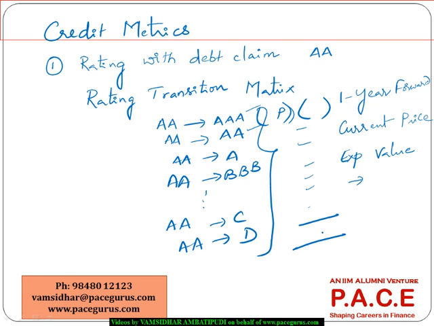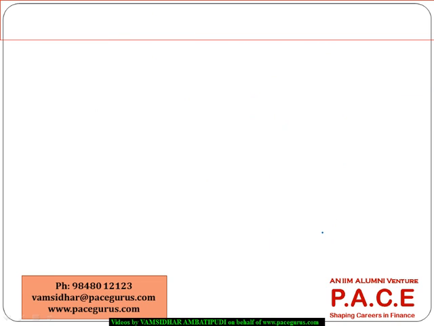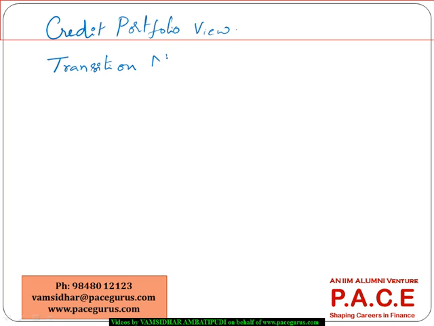Now similarly, the one more aspect that I can look at is the credit portfolio view, where the focus is on coming up with the transition matrices using macroeconomic data itself. So try collecting the values relating to the GDP growth or interest rates.